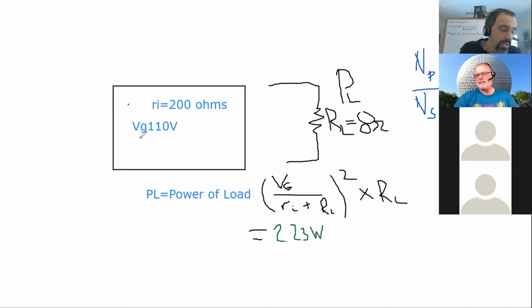Okay. So if we take the impedance of the primary and the impedance of the secondary, take the radical, that should be equal to NP over NS over here. So let's see what happens. If we have 200 ohms in our primary over 8 ohms in the secondary, and we take the radical of that, what ratio do we get?